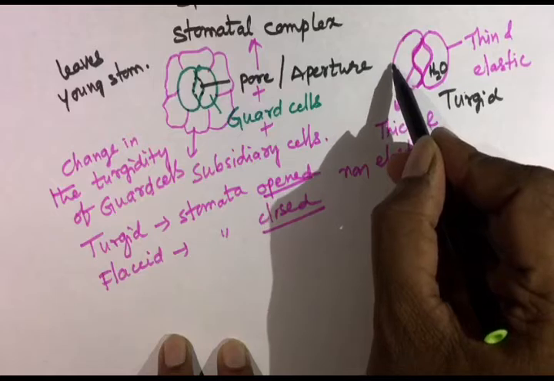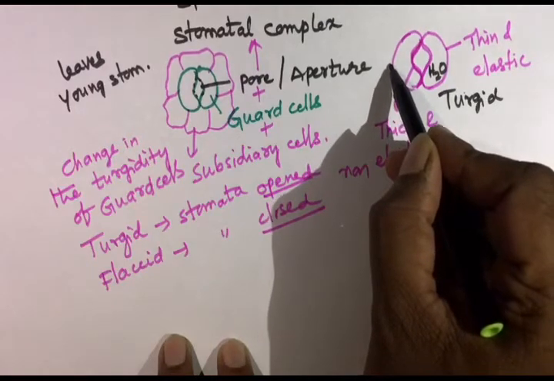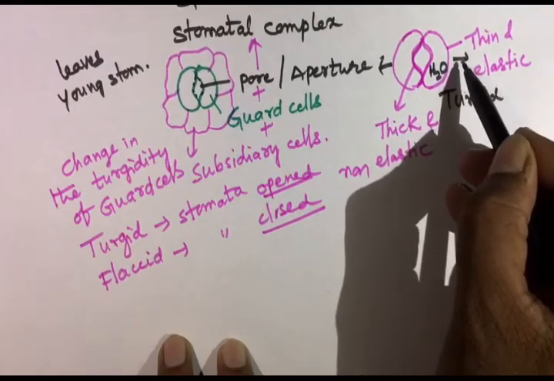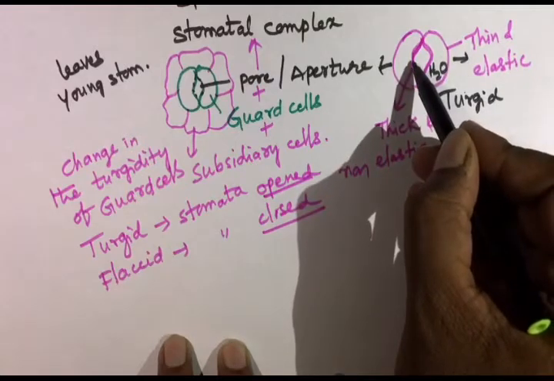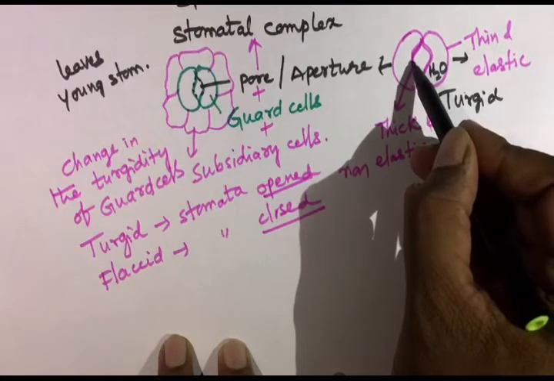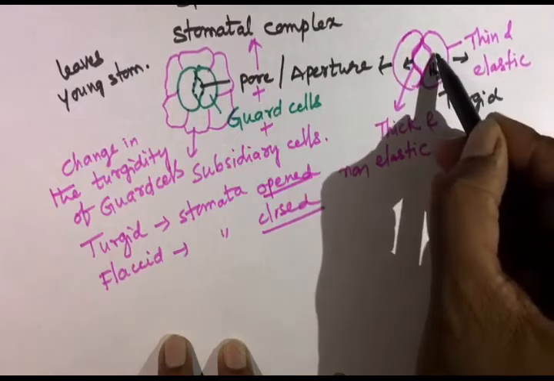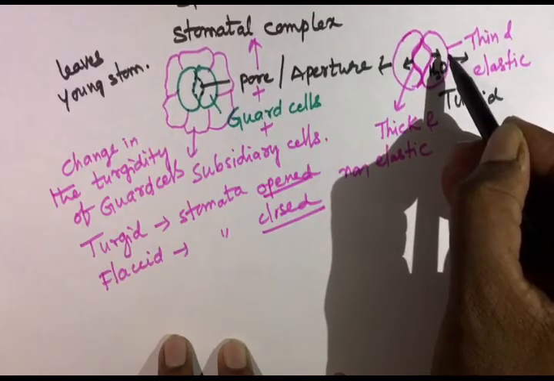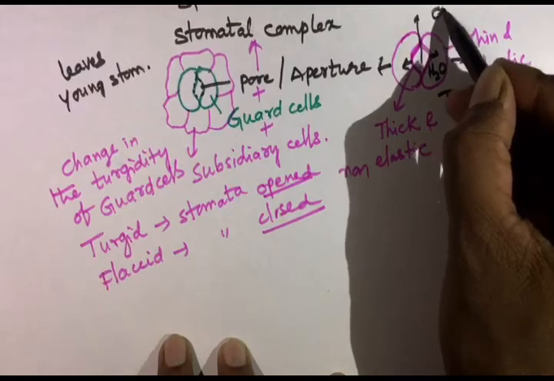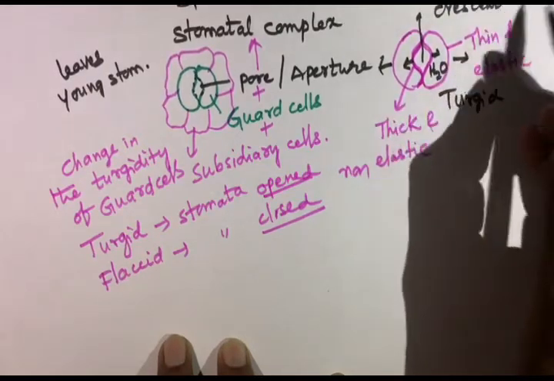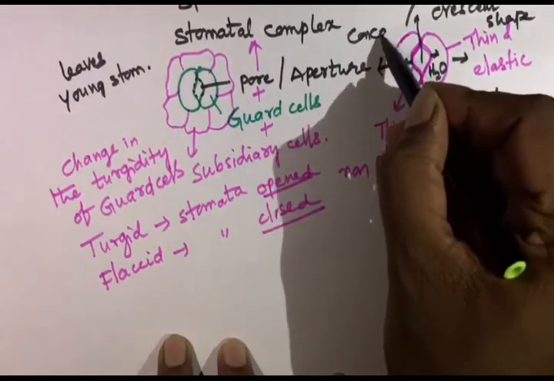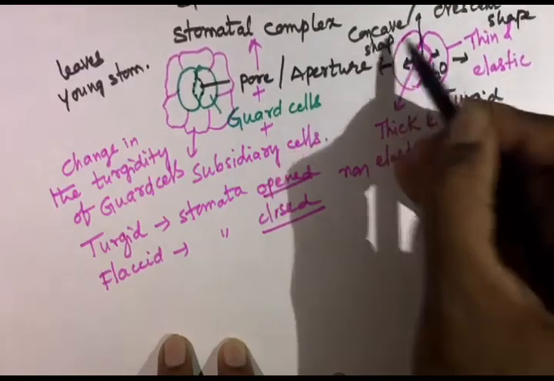As a result, the outer thin and elastic walls are stretched towards the outside, and the inner thick and non-elastic walls also get pulled along with the outer thin walls and assume a crescent shape or concave shape.